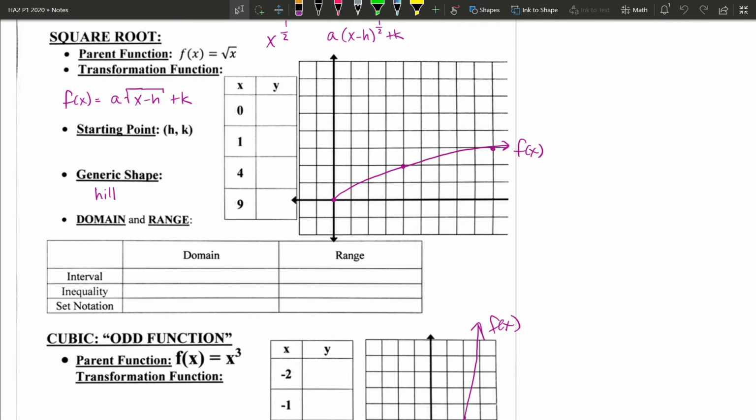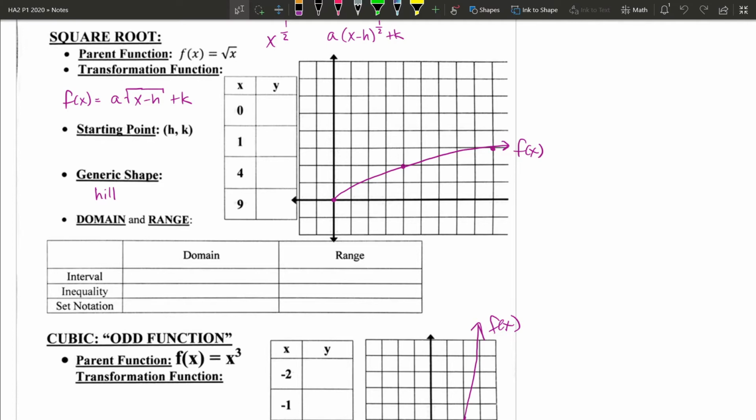All right, we were on square roots after our outing. Okay. So the starting point, I wouldn't call it a vertex. It kind of starts at 0, 0 or at (h, k), depending on if you get translated. I call this shape a hill. I don't know a better word to call it, or like a half parabola kind of thing.